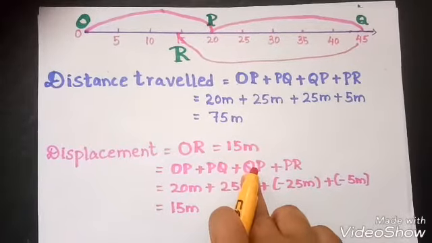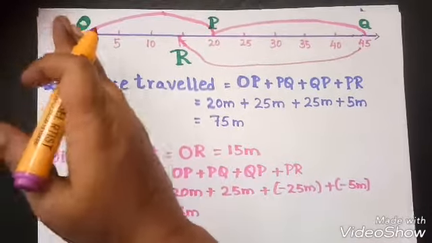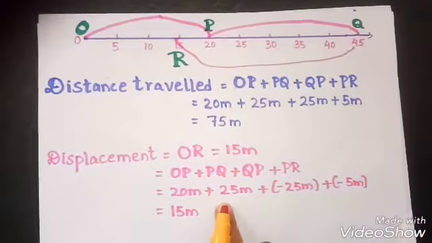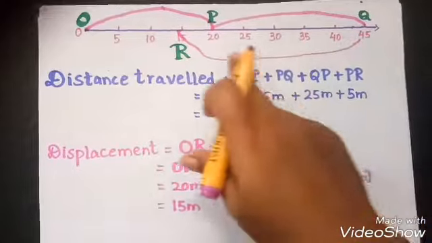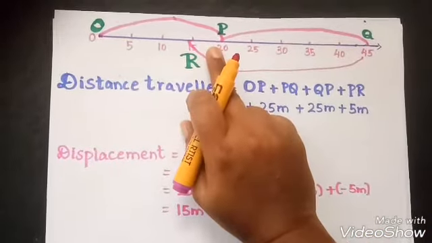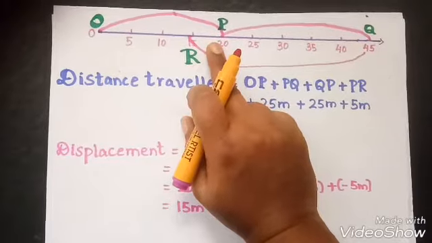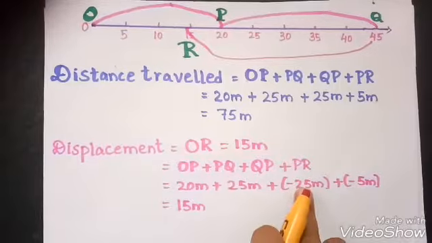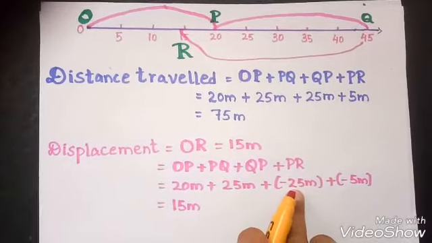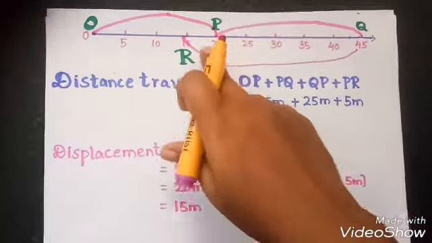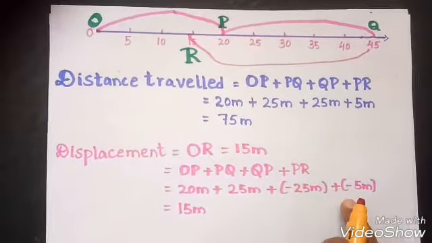QP, here you can observe, children, the object, once if it is moving in forward direction, we are taking with the plus sign. But once the object reverses or changes its direction in the opposite direction, there the measurement of length we are taking along with the negative sign. So here you can see we are taking it as minus 25 meters. QP is minus 25 meters and PR is minus 5 meters.